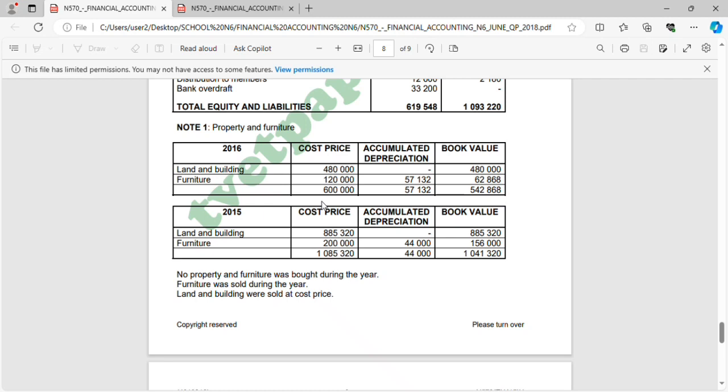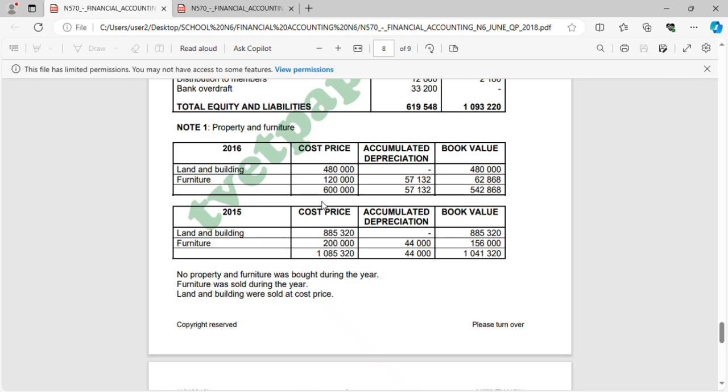So 80,000 is going to be the cost for what? For the sold furniture. So we're also going to take accumulated depreciation of 44,000, less 57,000 for the accumulated.